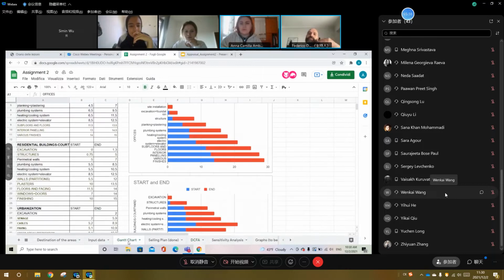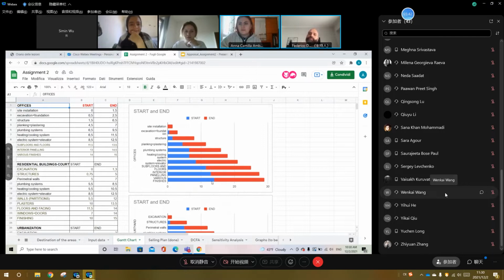Okay, so we make just one Gantt chart with all the things together. Yeah, I think so. This single specific Gantt chart can help you define the right time duration for all of your operations, but you should include this in a single graph.